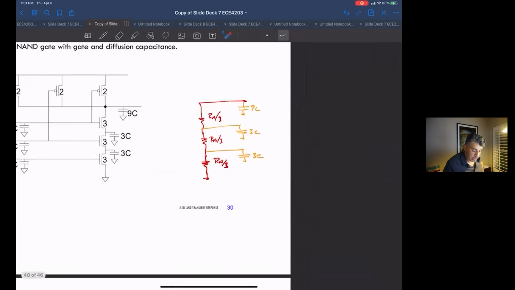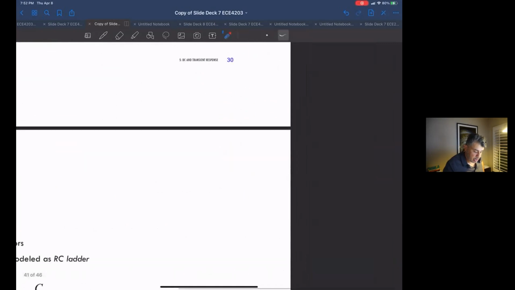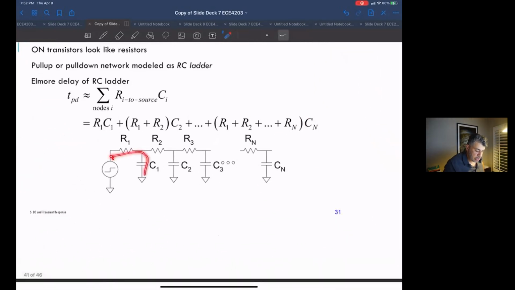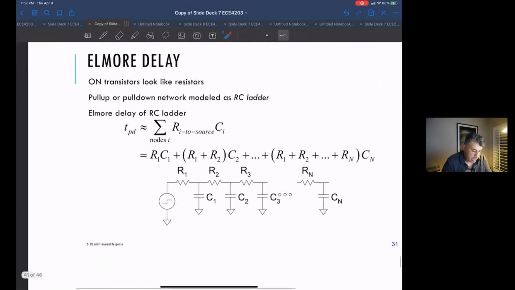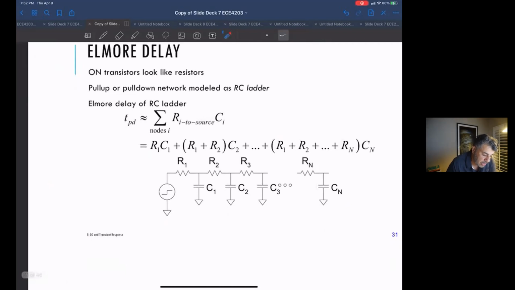Think of this as the input, and it's propagating, this ground needs to propagate all the way to the output, and I have these resistive capacitive nodes. The Elmore delay model says that I can approximate that delay as this RC, and then I sum R1 and R2 times C2. And then I sum the rest times C sub n.